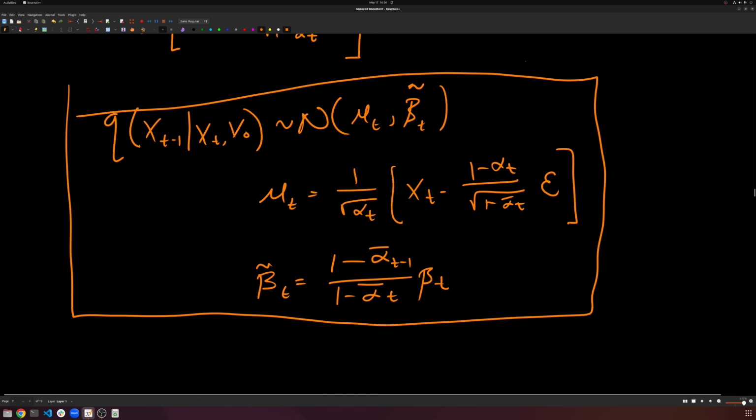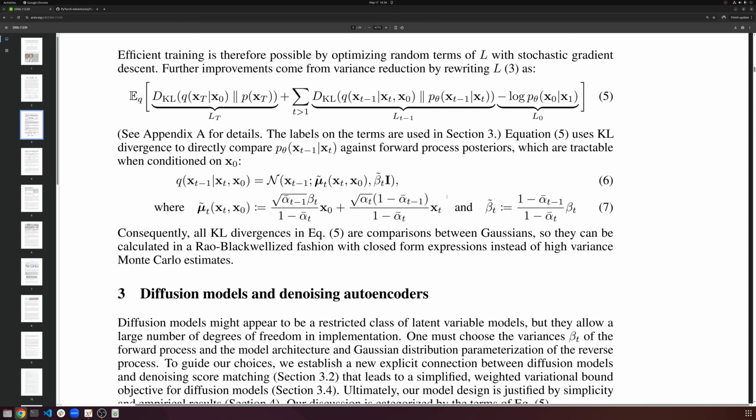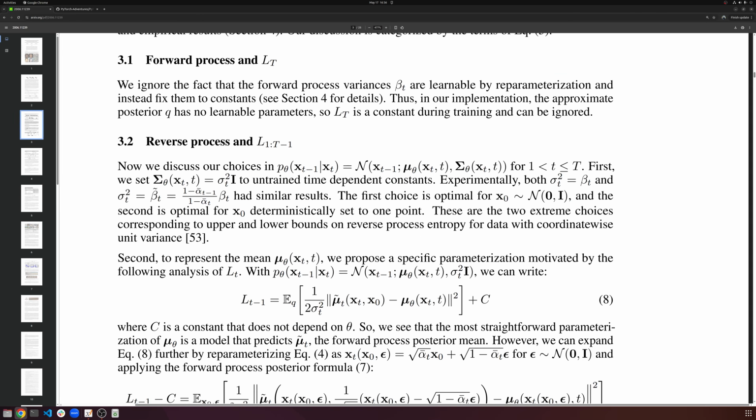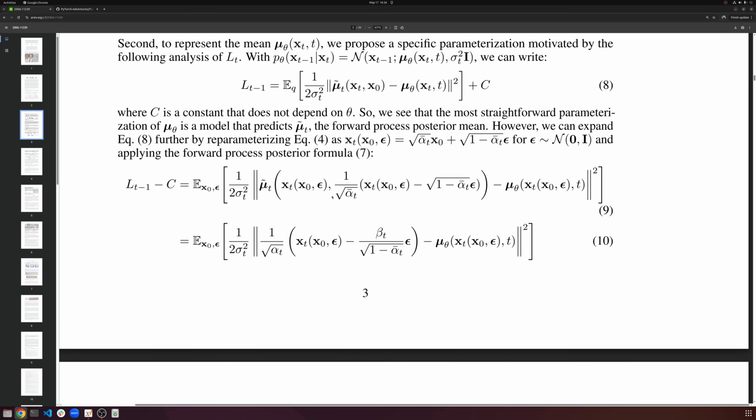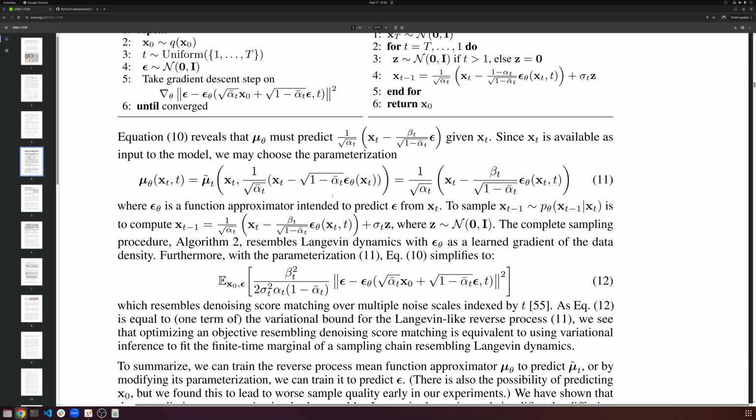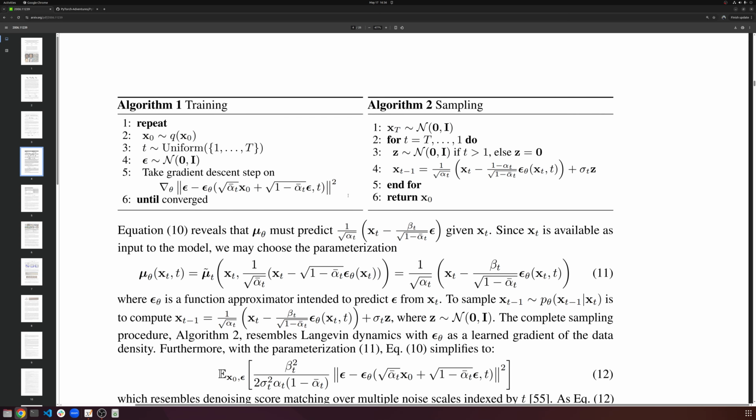And let's verify with the paper real quick, right? Let's make sure we got exactly the same expression as them. We saw that they actually wrote out the split equation. I wonder if they write the simplified equation here somewhere. I cannot remember. Oh, here we go. So it's 1 over square root alpha t xt minus 1 minus alpha t over square root of 1 minus alpha hat t times some error epsilon.